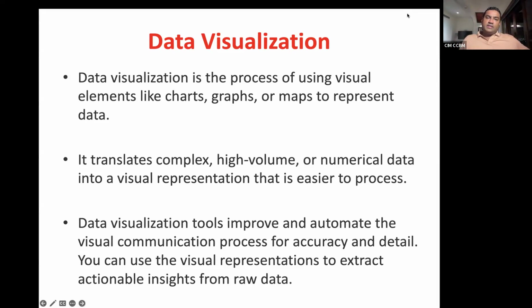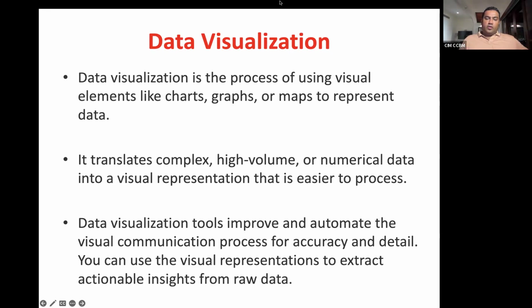So data visualization is the process of using visual elements like charts, graphs, and maps to look at real-time information with raw data. This translates complex, high-volume or numerical data into a visual representation that is easier to understand. So data visualization tools involve some level of automation software, right?